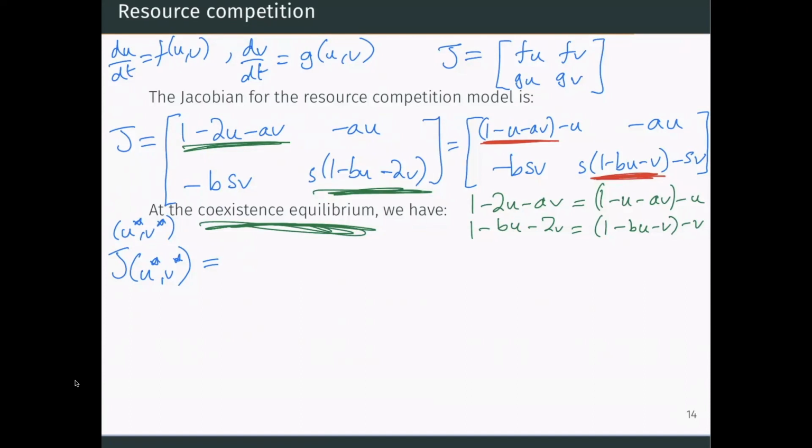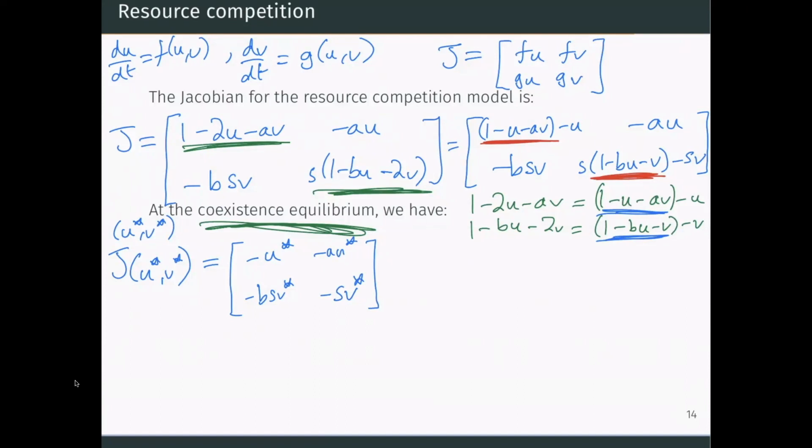So at our coexistence equilibrium, I can now write this as minus U star minus AU star minus BSV star and minus SV star. That's just a little trick that we use in this particular case because we know that U and V can't be equal to 0, so these terms here must equal 0 from our original equations.